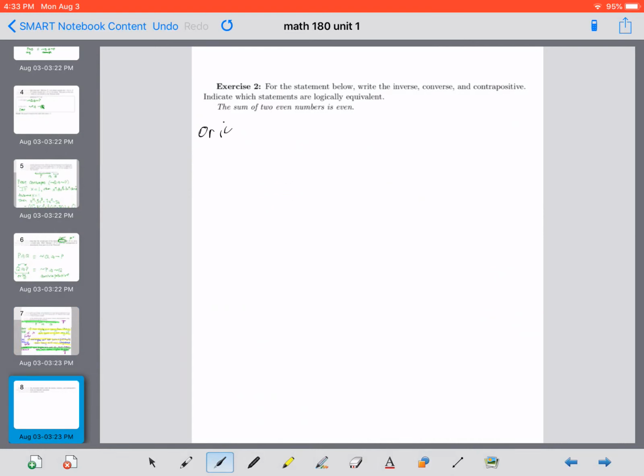Our original statement is saying that anytime you take two numbers that are both even, when you add them together, you get something that's even as well. So you could write this as, if two numbers are both even, then their sum is even.